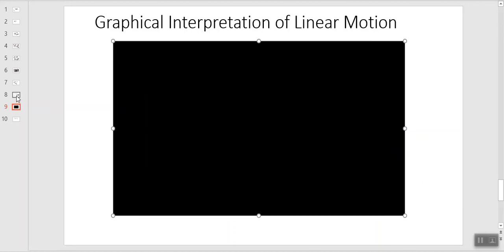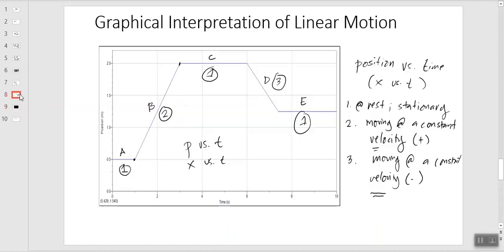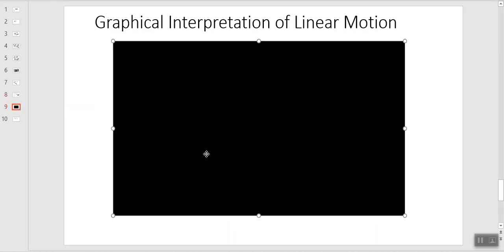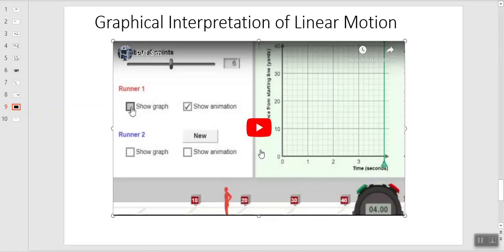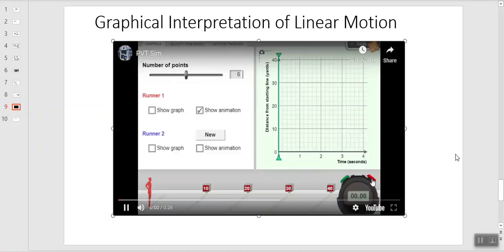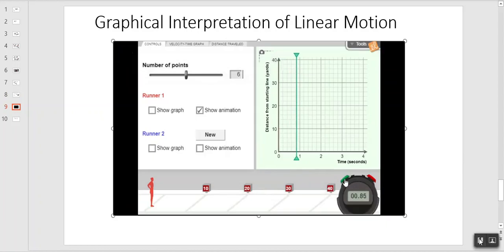Does this look similar to this? Well, let's find out. So looking at the graph, oh, looks similar.